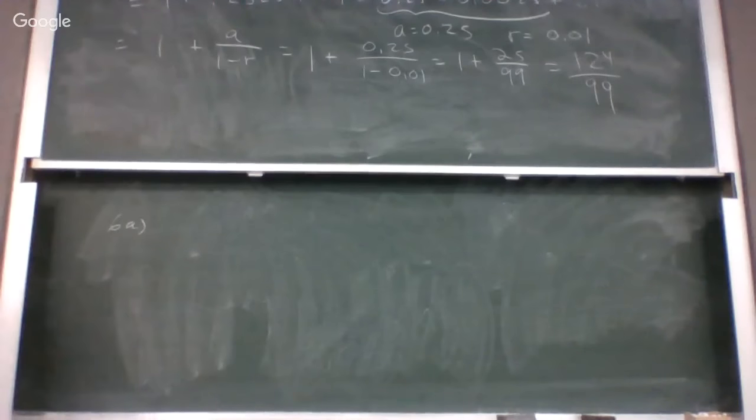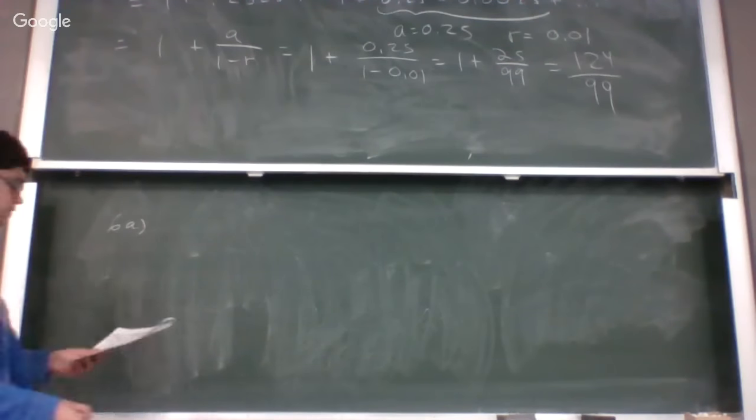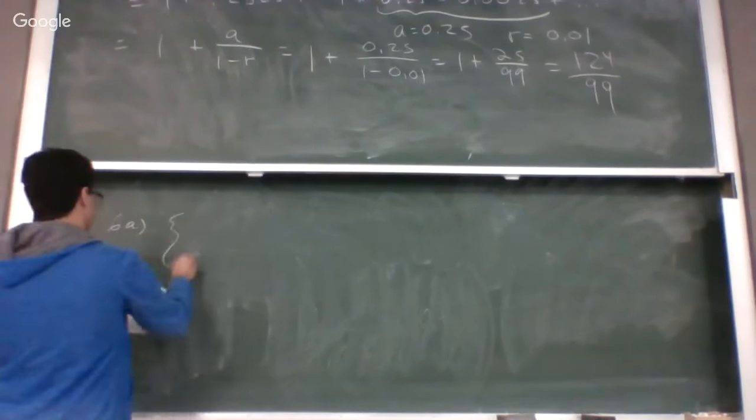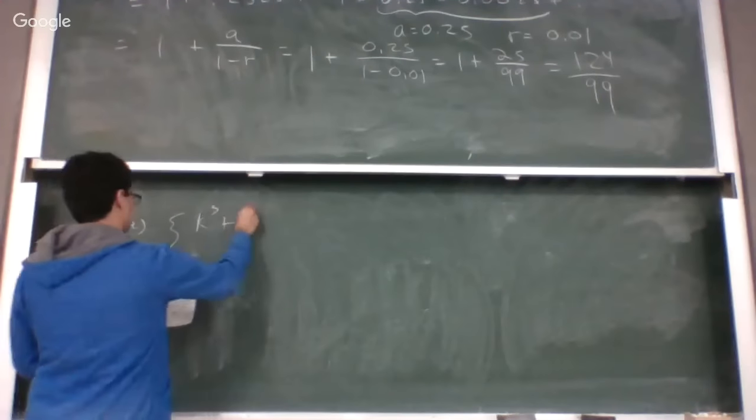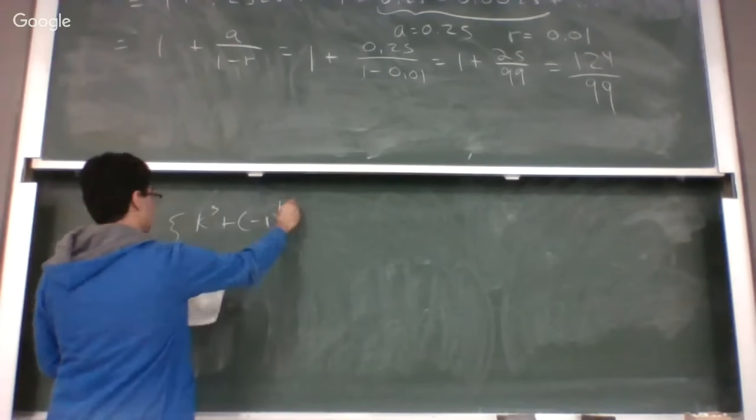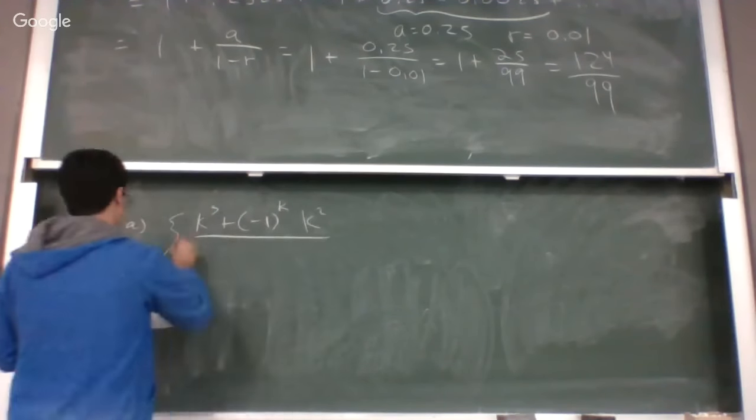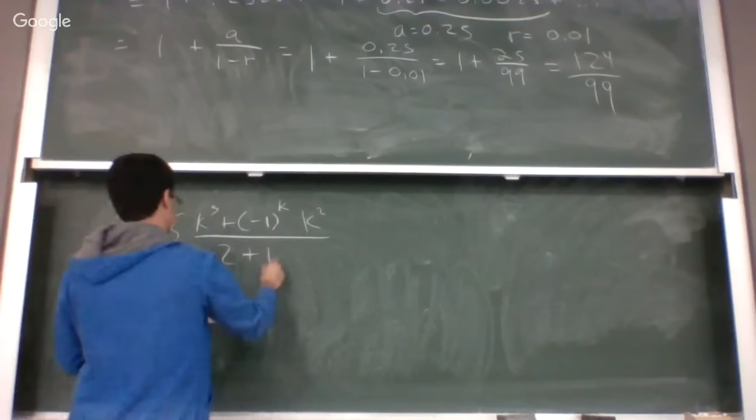It's not technically the nth term test, it's the limit as n approaches infinity, since it's a sequence. So the sequence is k cubed plus (-1) to the k power k squared, divided by 2 plus k cubed.